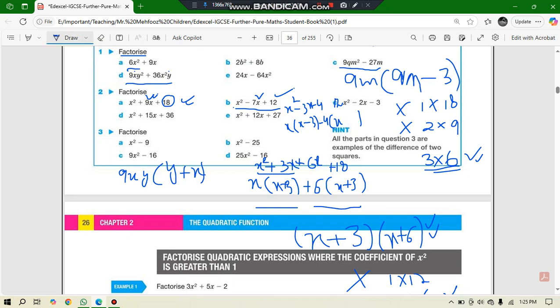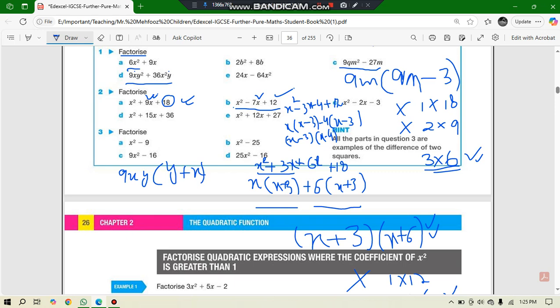You can see that it becomes minus 4 times x minus 3, since here the sign is plus 12. So your answer becomes x minus 3 and x minus 4, right? This is your answer. Do you understand the factorization method?